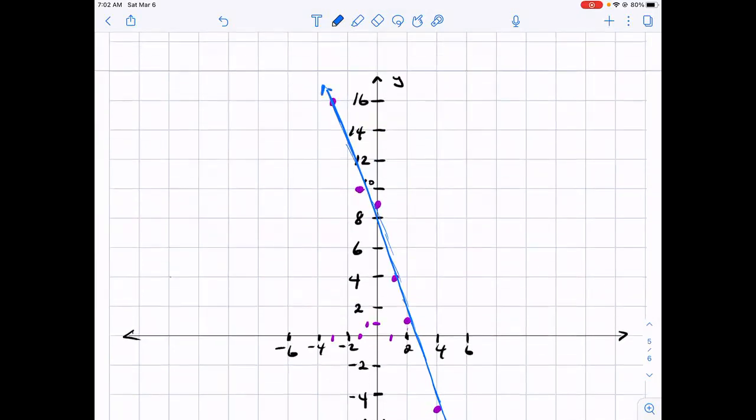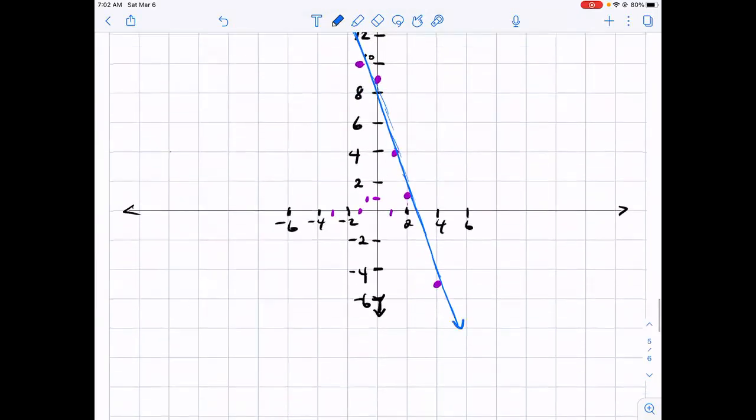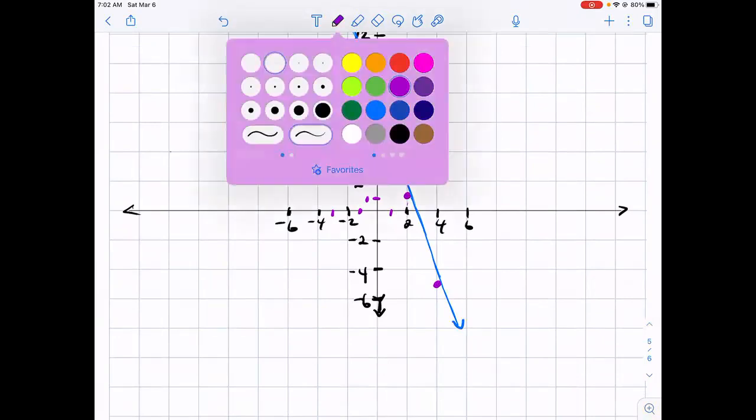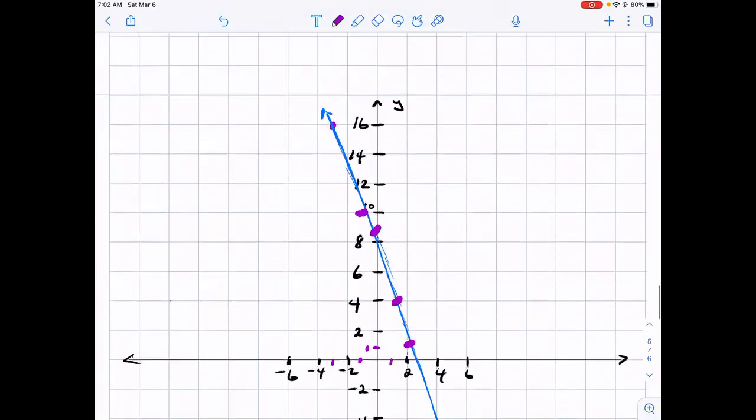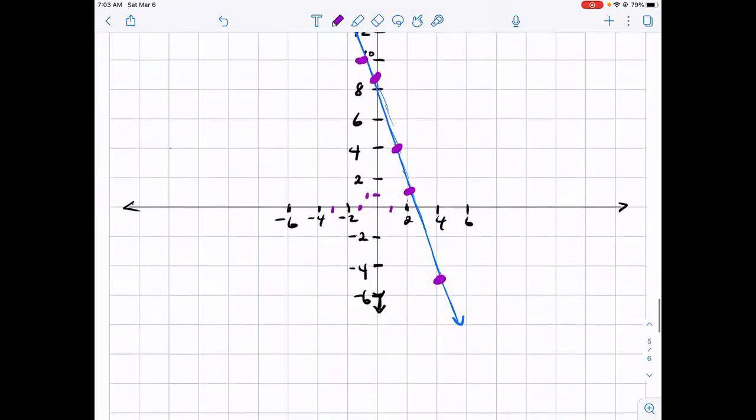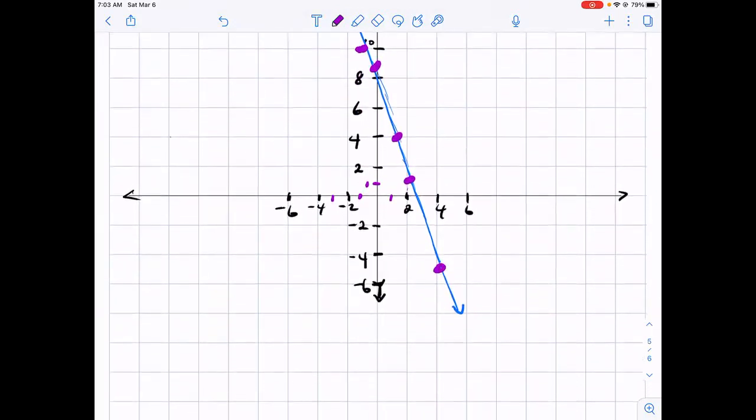And this is the reason that I don't like using point plotting, because you have to be extremely neat. Yeah, extremely neat. So those points should actually fall on the graph. They are solution points. Okay? Each one of them is a solution point.